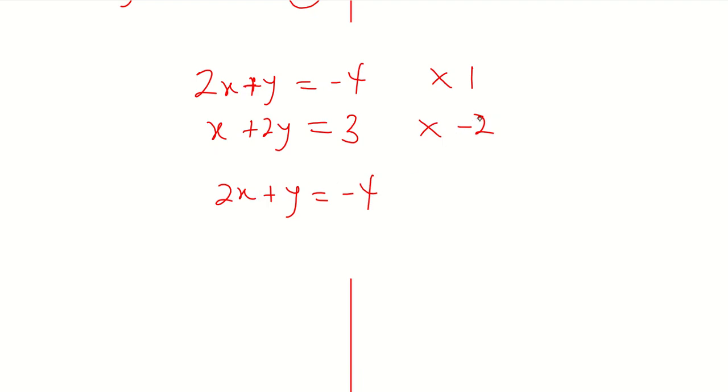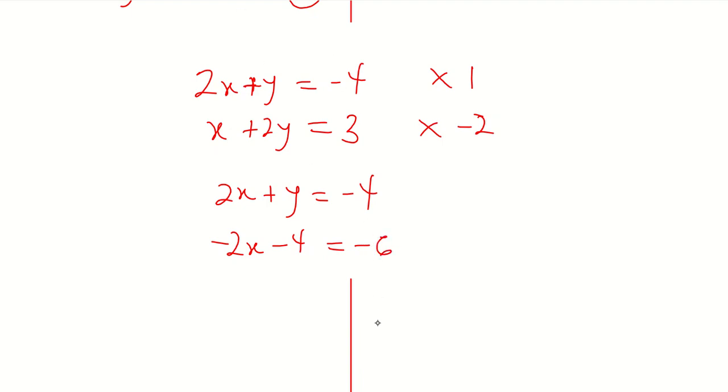And when we multiply equation 2 by negative 2, it becomes negative 2x, negative 4y, and then we have here negative 6.